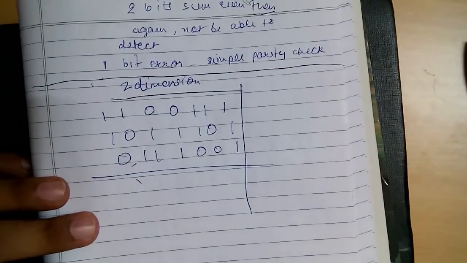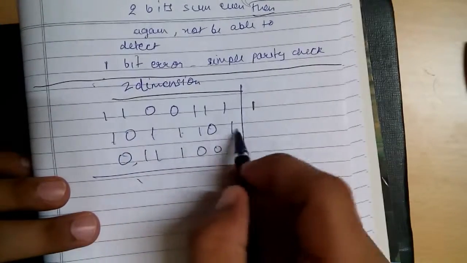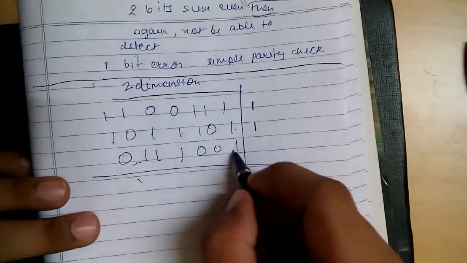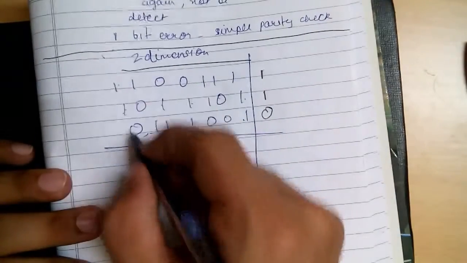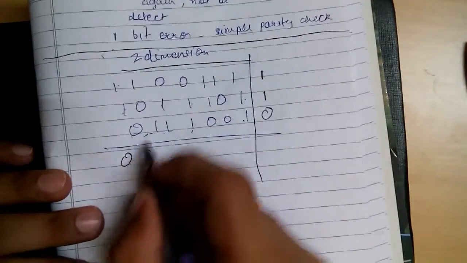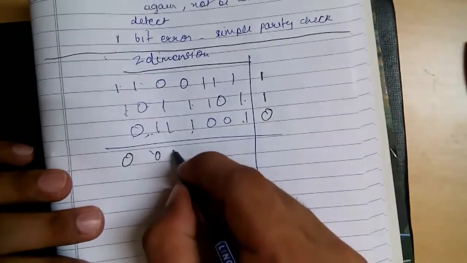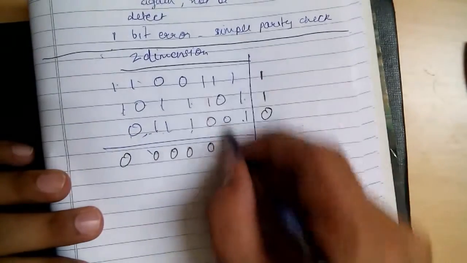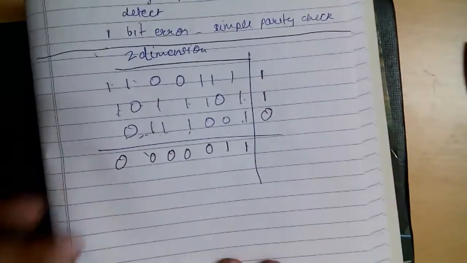In this we make the number of ones even by generating parity. 1 2 3 4 5, so one more; 1 2 3 4, okay, so 0; 1 1 1, so it's already even; 1 0 1 0 1 0 0 0 0 0, odd, 1, odd, 1.